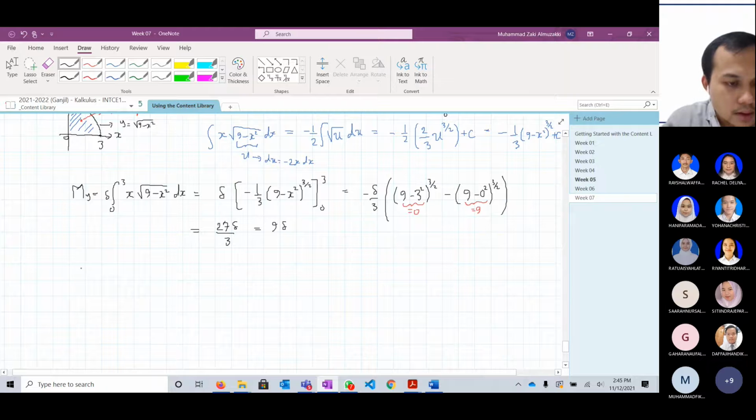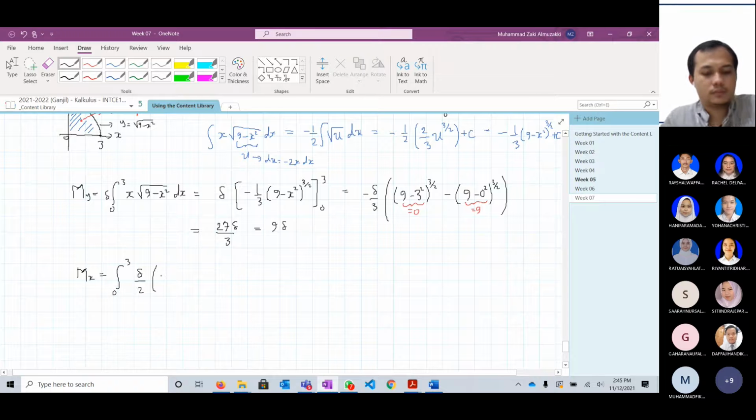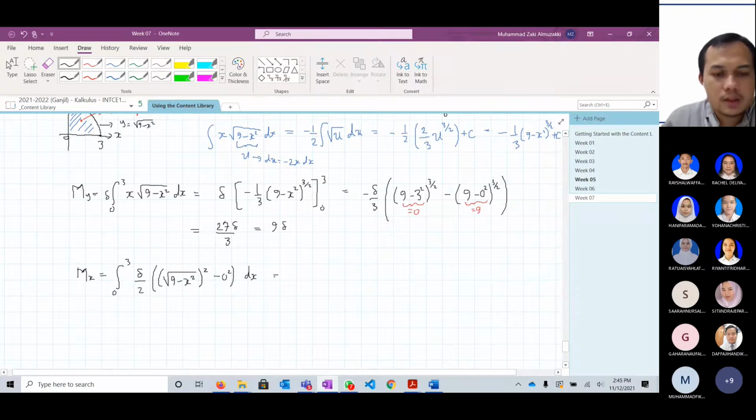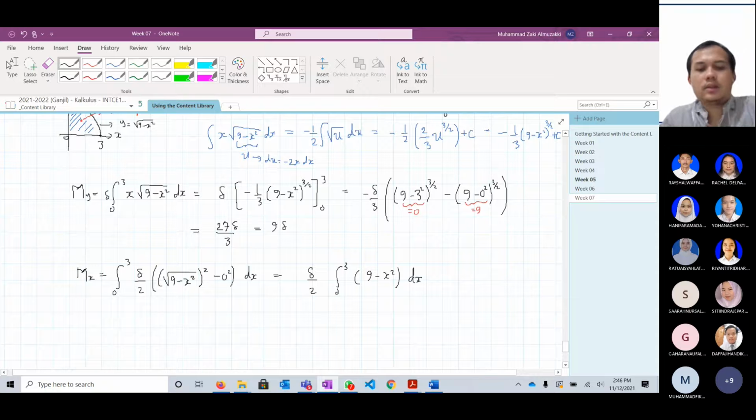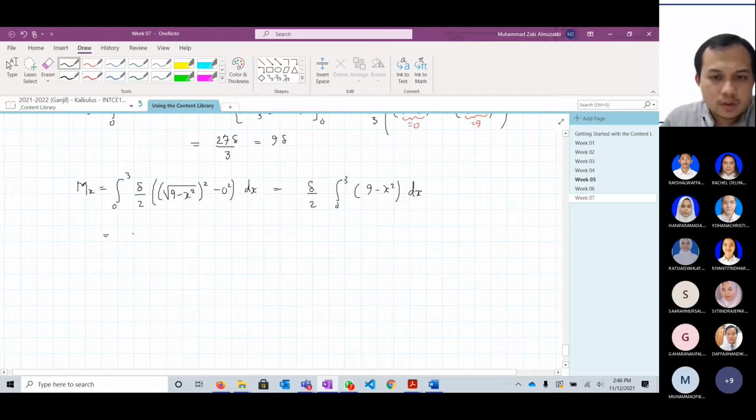And the moment about x-axis is integral from 0 to 3 delta over 2 times square root of 9 minus x squared minus 0 dx, which is equal to delta over 2 integral from 0 to 3 9 minus x squared dx, which is equal to delta over 2 times 9x minus x cubed over 3 from 0 to 3.